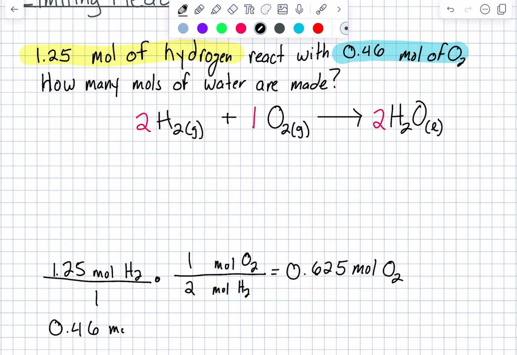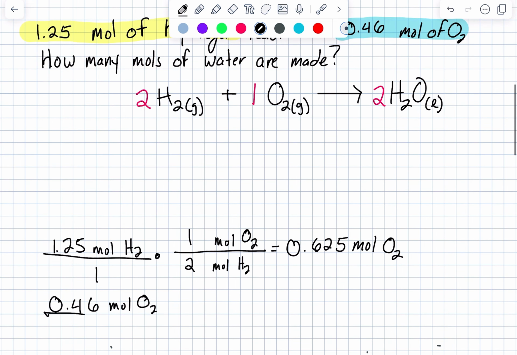Now with 0.46 moles of oxygen, for every 1 mole of oxygen, I require 2 moles of hydrogen.